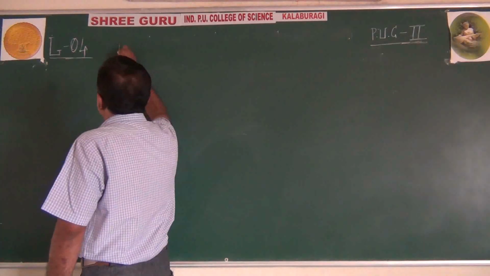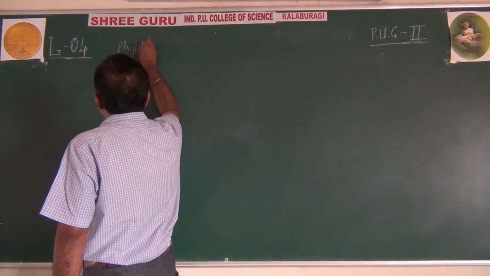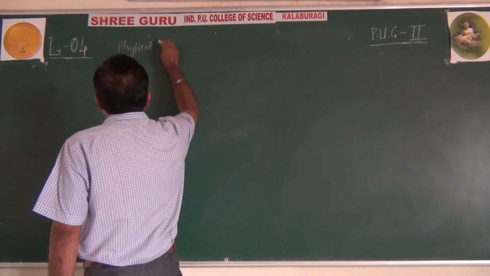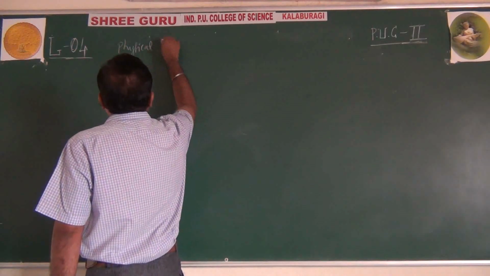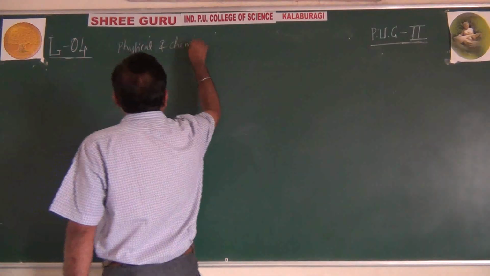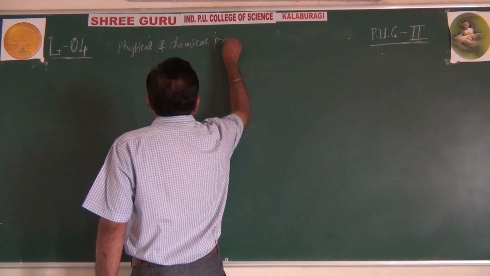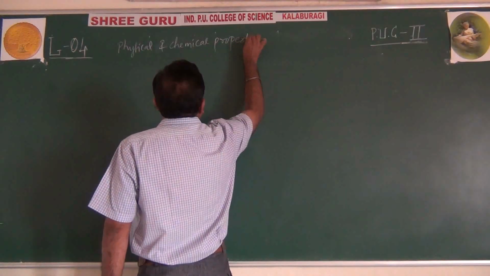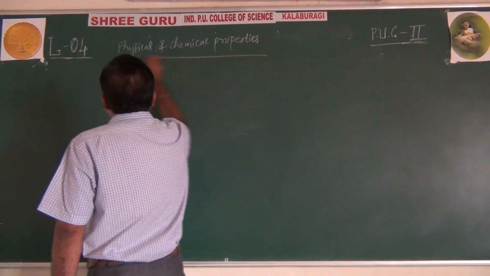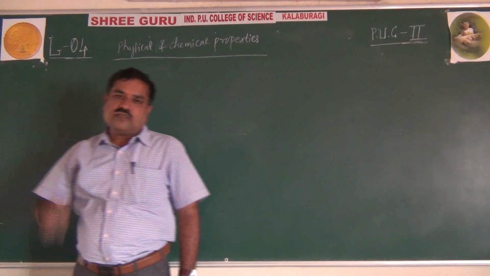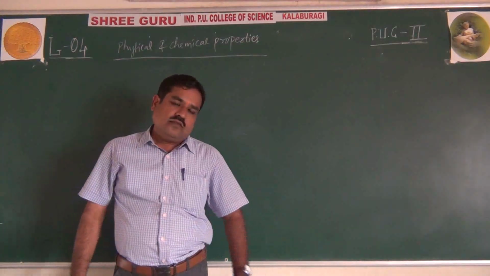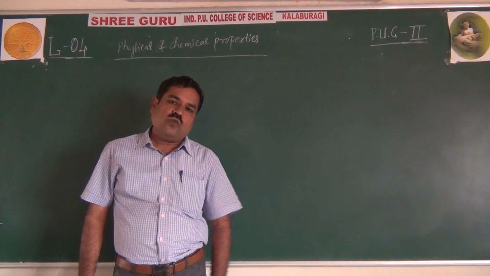Now come to the next, physical properties and chemical properties. Physical properties you just have to go through, not so important. Physical and chemical properties together I will tell you. The structure I already gave you in the first half. Now physical properties.